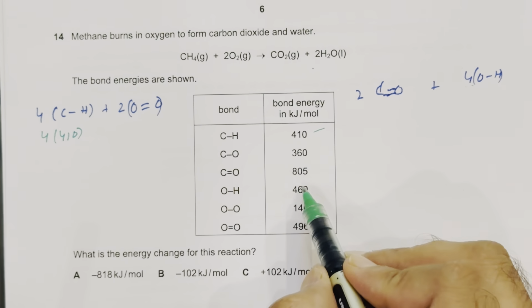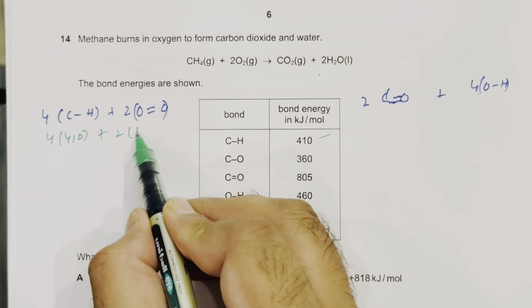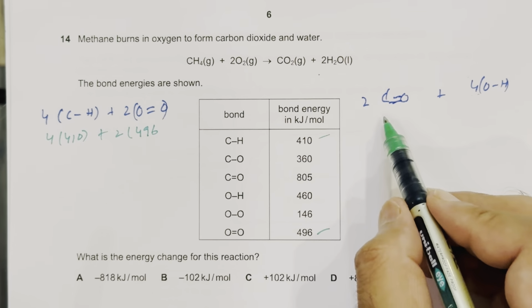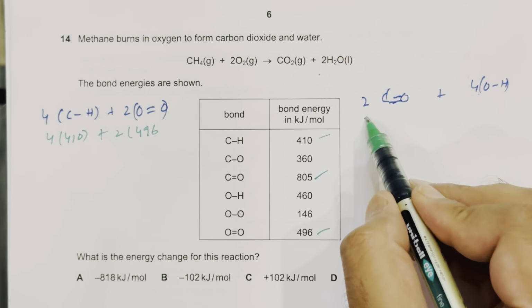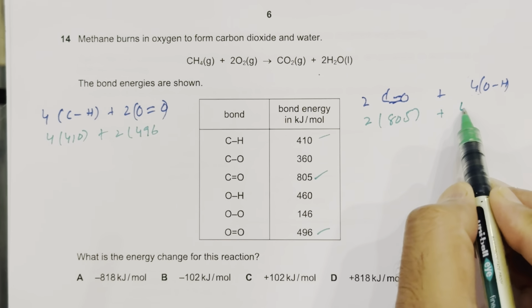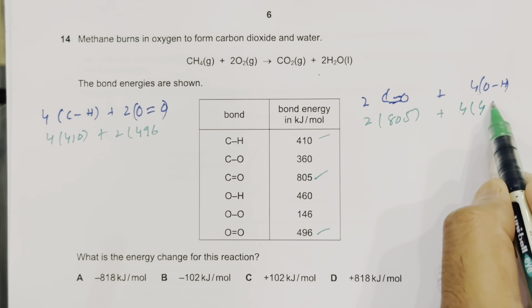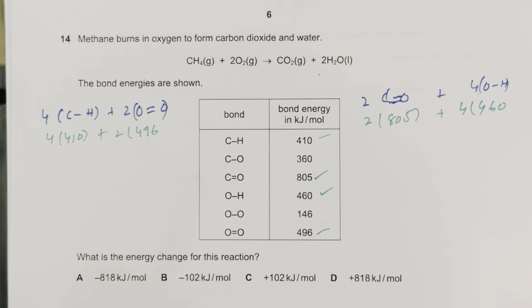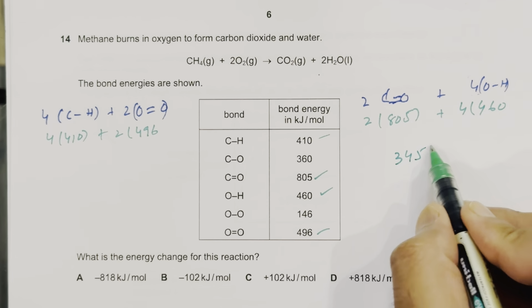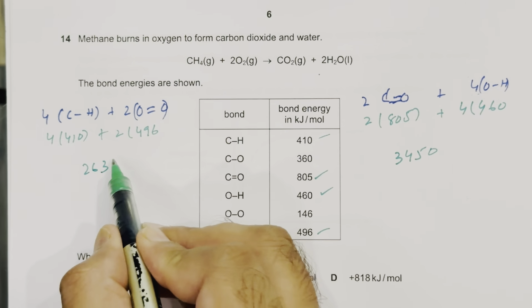Then 2 oxygen double bonds have the energy of 496, it means plus 2 into 496. Now you need to know 2 carbon and oxygen bonds have the bond energy of 805, and hydrogen and oxygen OH has the energy of 460. Now you need to calculate that. These values come as 3450 and this value comes as 2632.